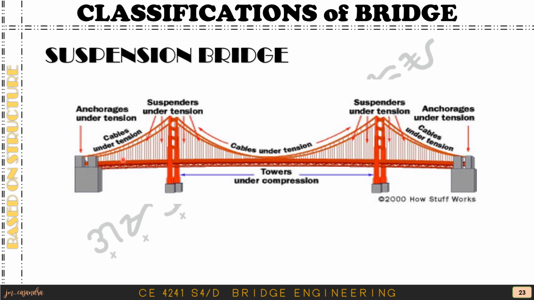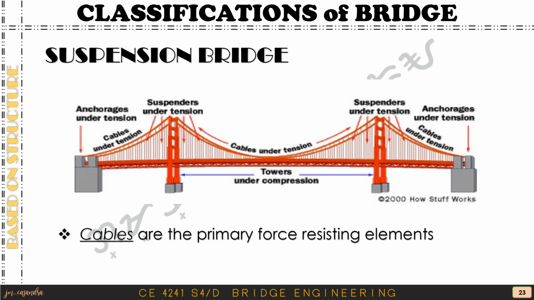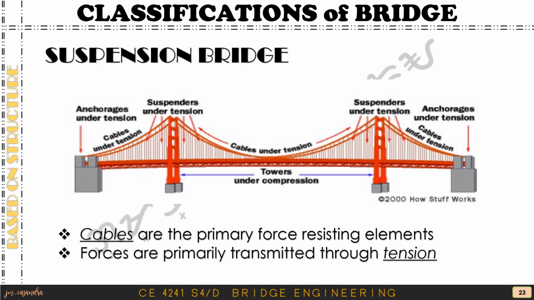If we look at the connection of the tension cables, it is connected to an anchorage and to the towers or pylons. So it's not connected directly on the bridge itself, but on an anchorage and a tower. For a suspension bridge, cables would be the primary force-resisting element, and the forces are primarily transferred through tension.